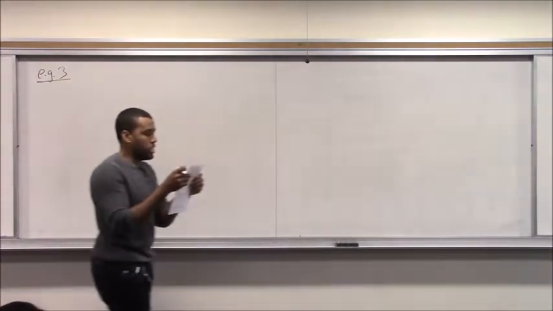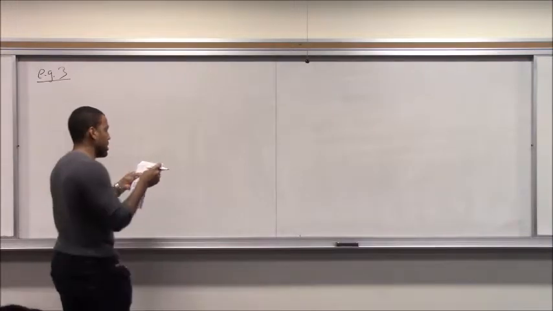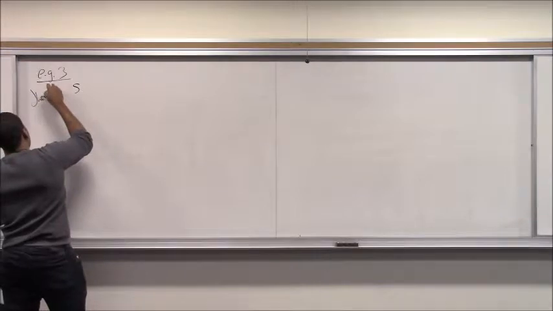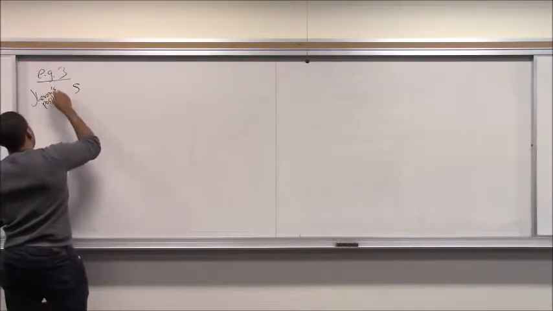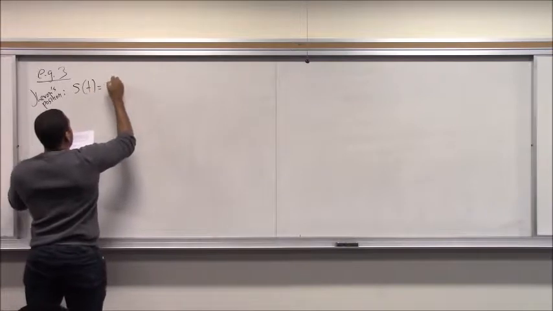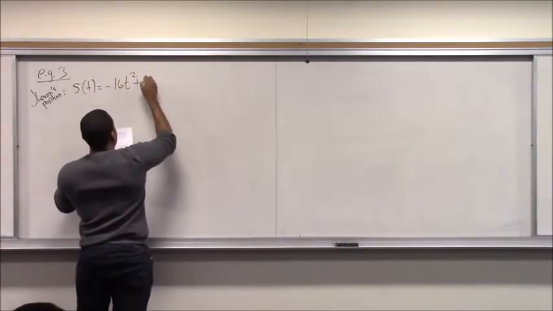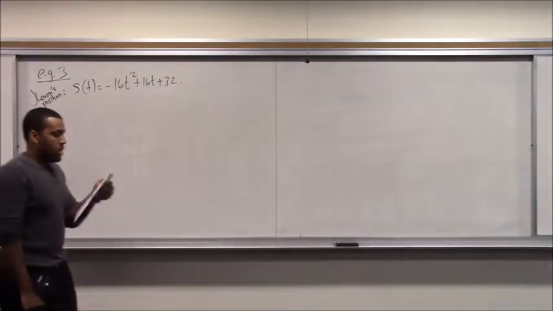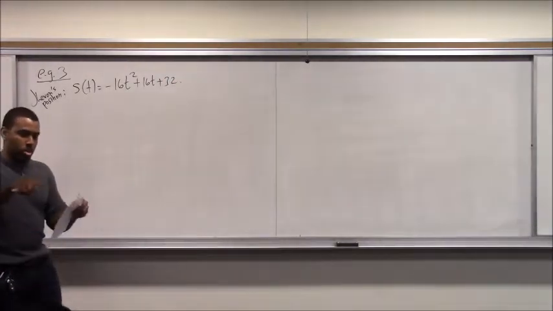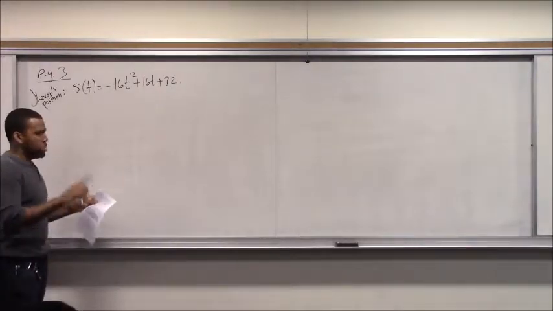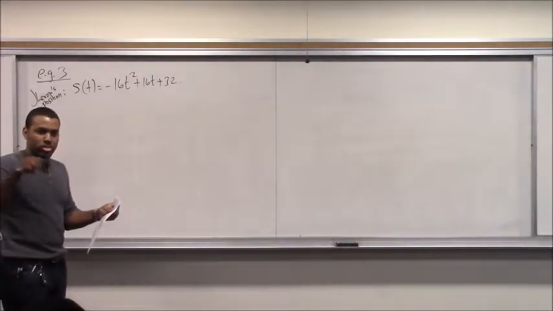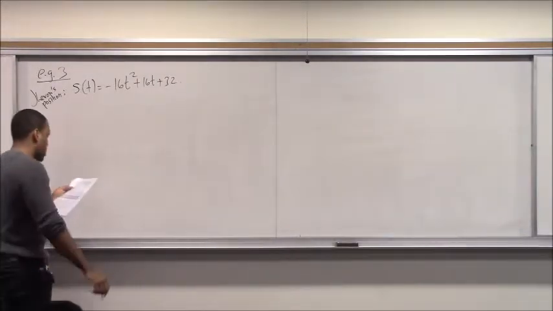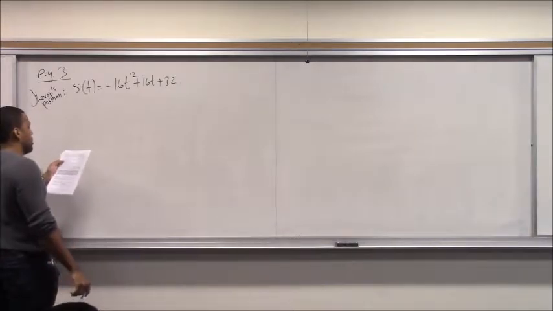If Jhevon's position above the ground in feet after t seconds is given by this function, minus 16t squared plus 16t plus 32. By the way, in physics 1, all those equations of motion, position is one half a t squared plus v naught t plus s naught. All that is calculus, they used it to figure that out. So that's the position function.